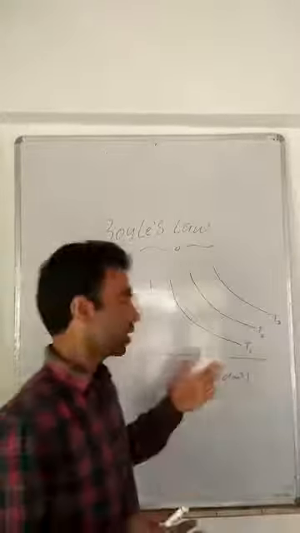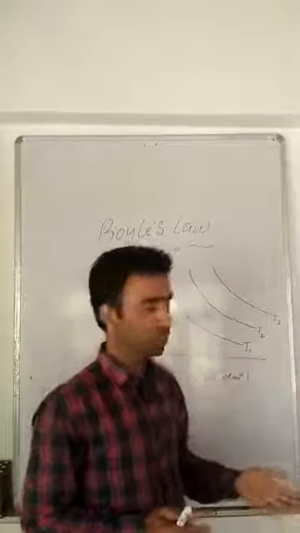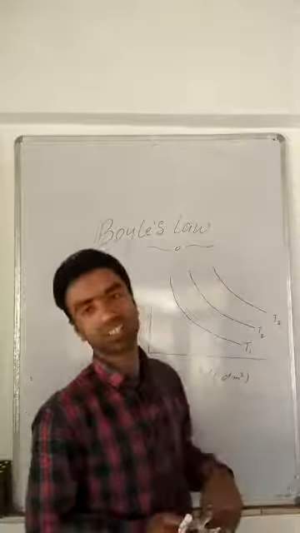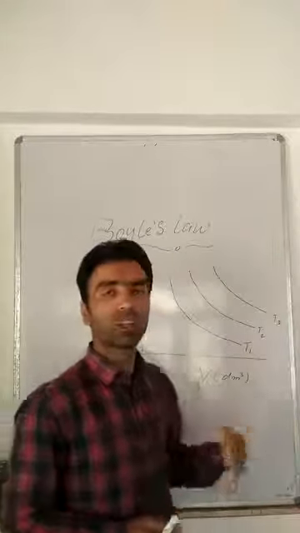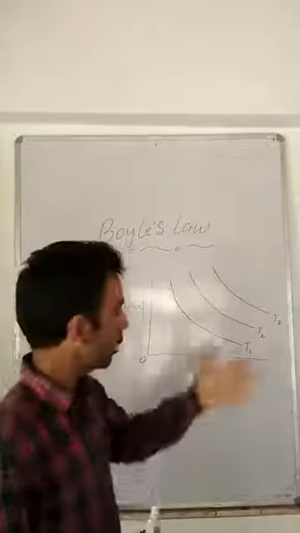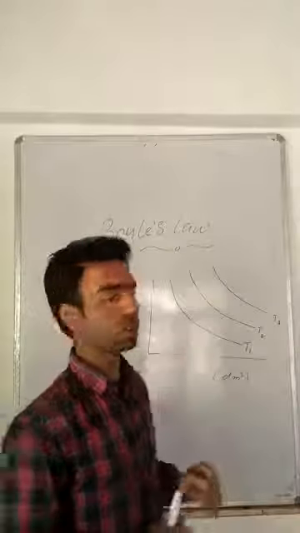But is it so, or is T1 greater than T2 greater than T3, or is T1 less than T2 less than T3? We will see what relation these three temperatures have among themselves once we take Boyle's law equation into consideration.